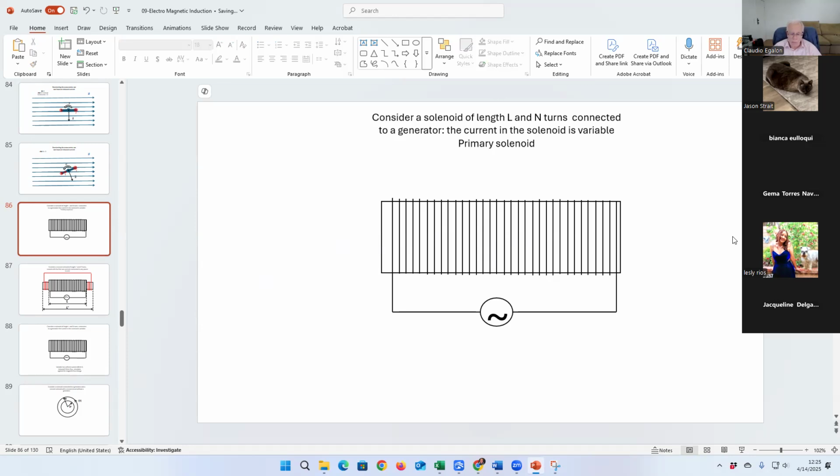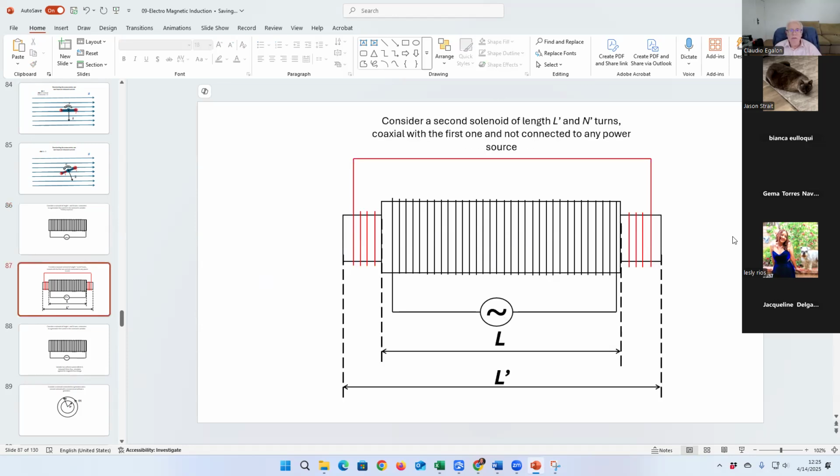Now consider a second one that's inserted inside the first one, and it has no power source whatsoever. We need this configuration to start talking about mutual inductance and self-inductance. The primary one has a length L. The secondary one has a length L prime.